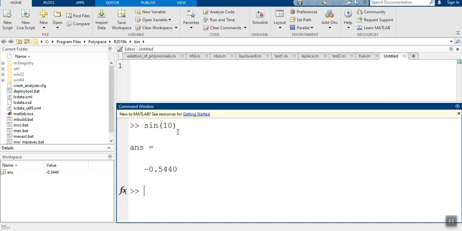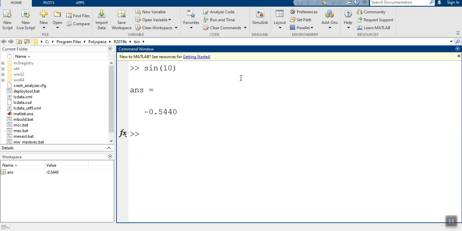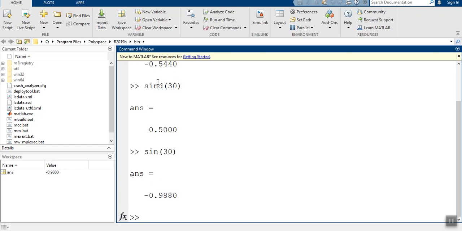Sin 10 equals this value. Suppose you want to find the sine value in degrees, then use the sind function: sind of 30 degrees, that value is 0.5. If you write sine of 30 in radians, you will get another value.